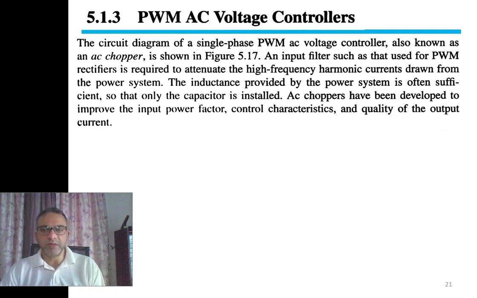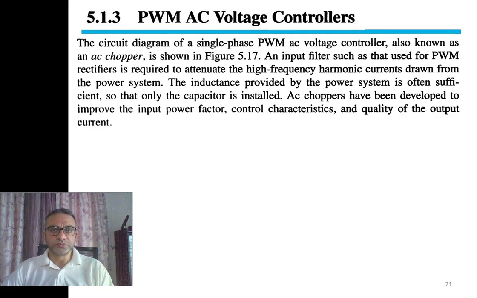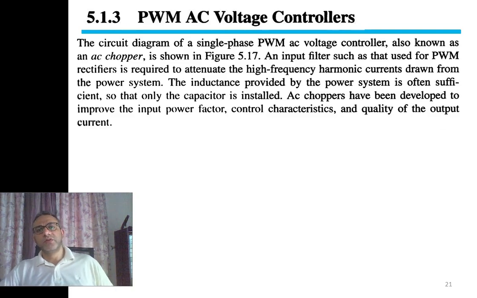It is a very important part of this controller, yet it is very simple also. Since it consists of only an inductor and a capacitor, sometimes the inductance provided from the power system is sufficient, and we need only to install a capacitor and our filter is ready.